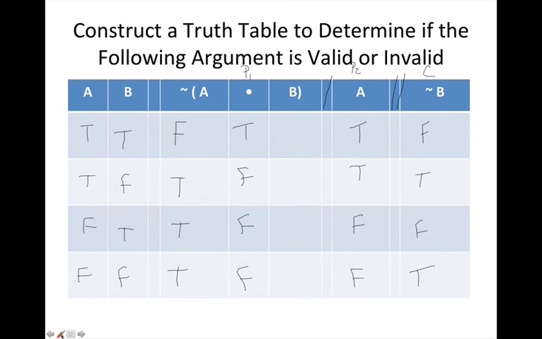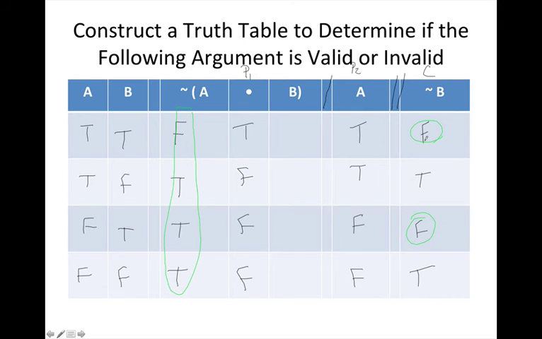All right, so remember what we're doing when we're looking for the argument's status as valid or invalid. We're looking under each of these columns, more specifically, for the rows on which the conclusion is false.